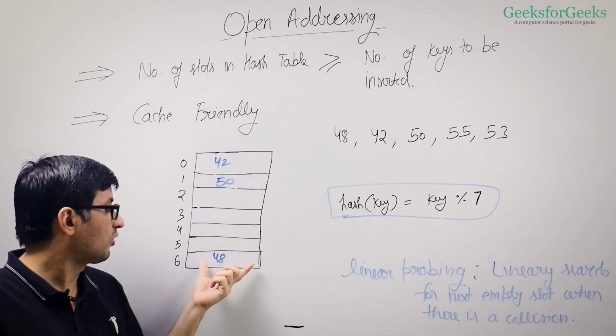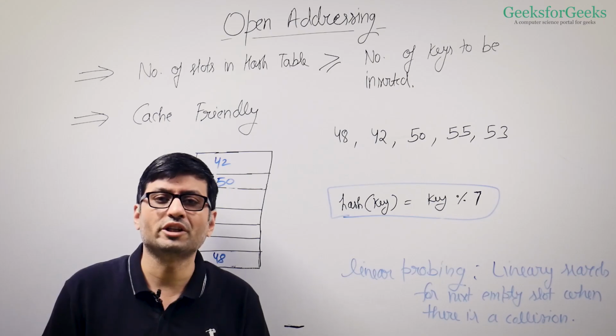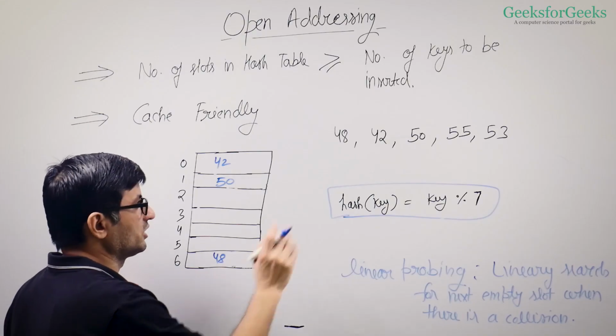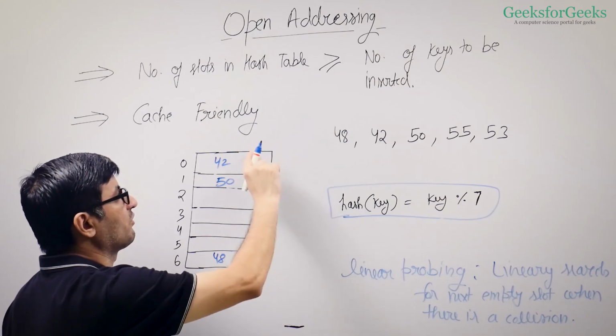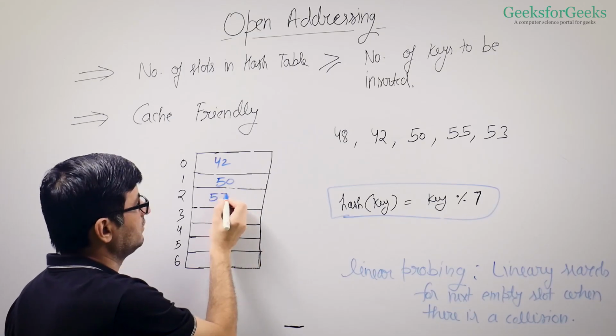And this slot is already occupied. So what do we do? We linearly search for an available slot, and we search in a circular manner. This is the purpose of this example. So I'll begin from this slot, go around in a circular way, search here, and this is where I'll insert 55.